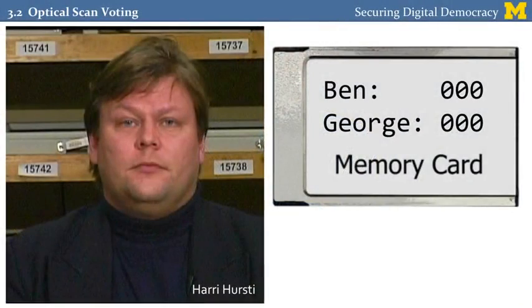He's going to load up the memory card with a number of votes for the candidate he wants to win. Let's say it's Ben. At the end of the election, this is going to be 10 votes added to the total for Ben, because each time someone else votes, the voting machine is just going to increment. It's going to count up on that number.